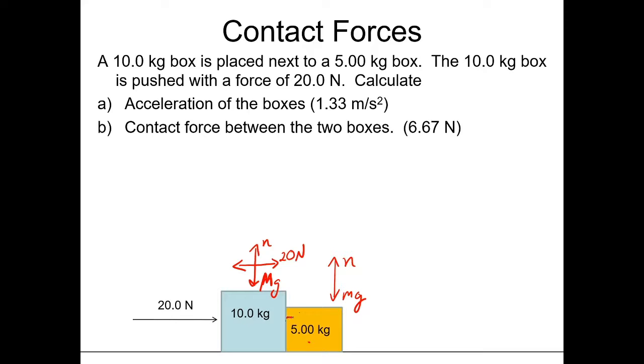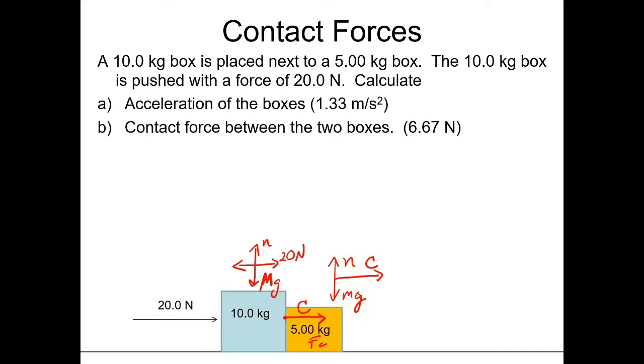Now what's pushing on the 5 kilogram box is the wall, the side of the 10 kilogram box. That's what we call a contact force. And I like to just use C to make life easier. Some books use F sub C. Nothing wrong with it. It's just I'm trying to make life better.